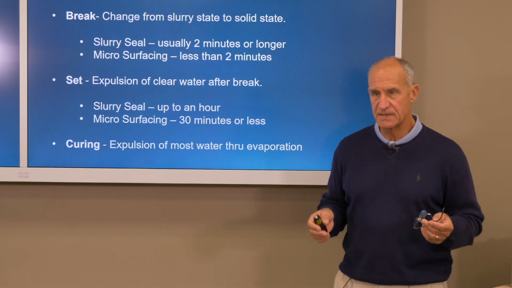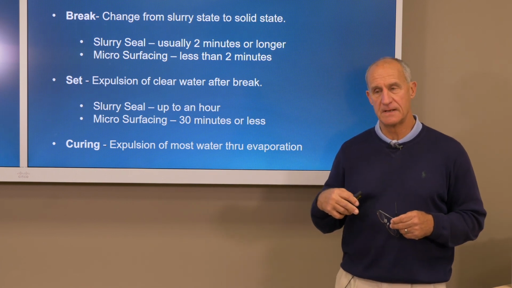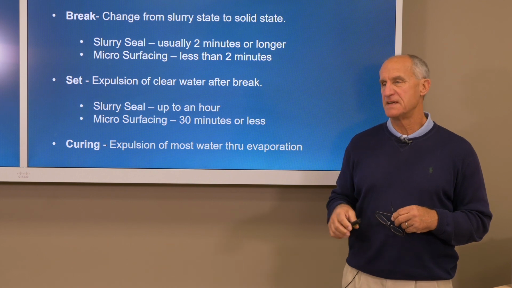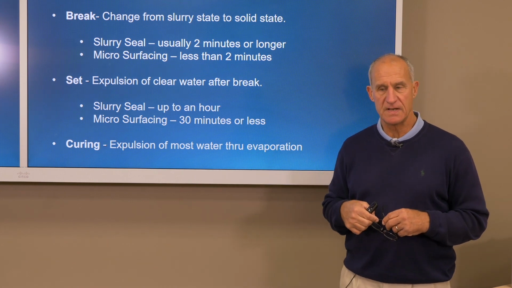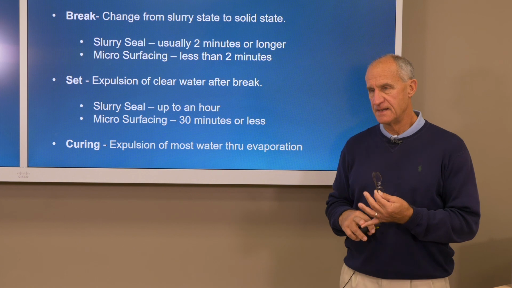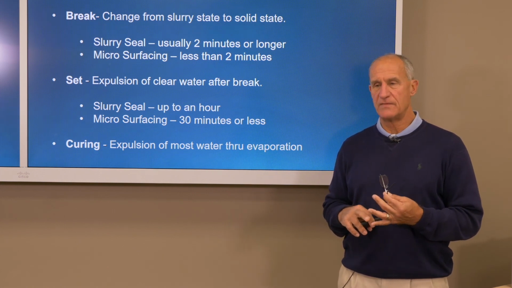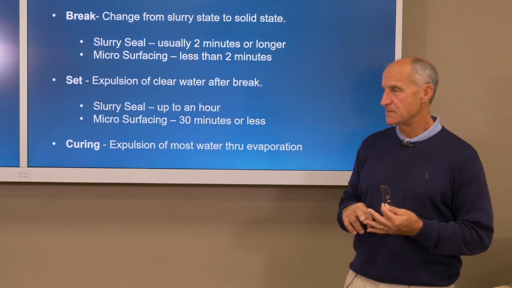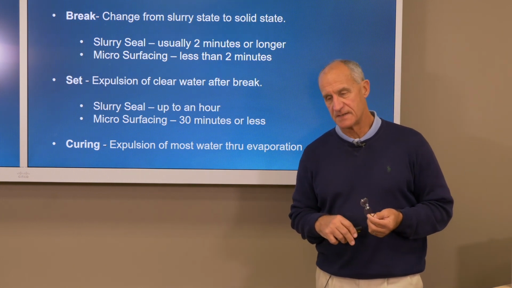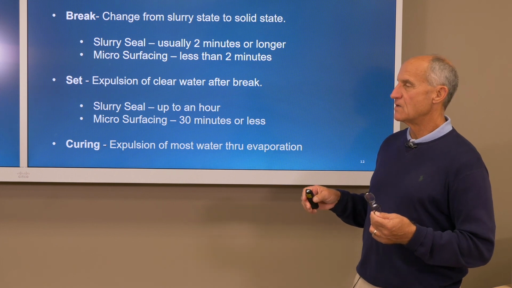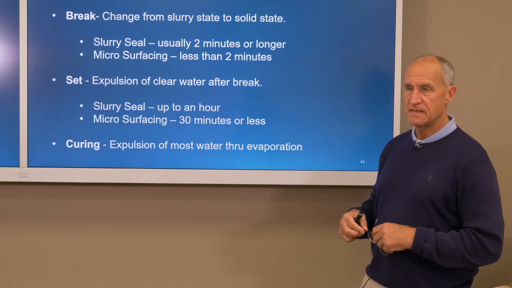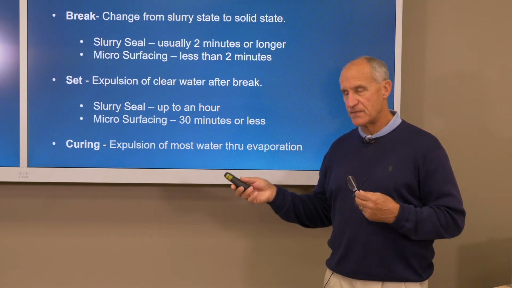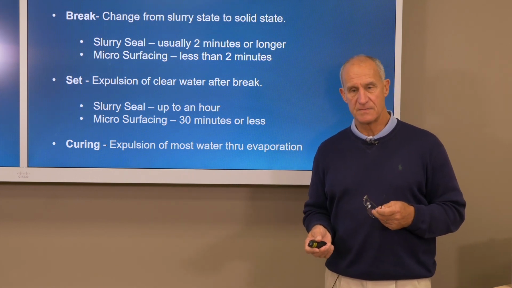If you were to stand still and let the paving machine pass by you, within the time it takes that machine to go a couple of hundred feet, you'll see that at application it's more of a milky brown type of color. By the time the application equipment gets a couple of hundred feet away from you, on a nice day you'll be able to physically see the change in color, and that's when the change from the slurry state to a solid state is beginning.